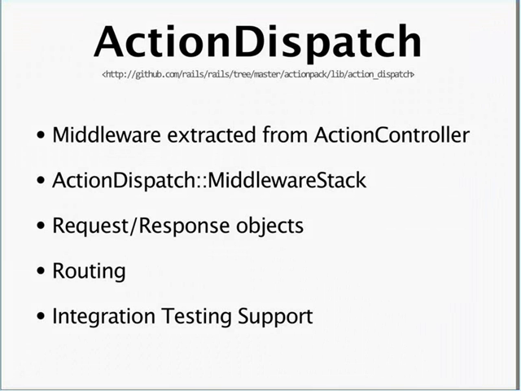What are the small little pieces we can pull out and turn into middleware? And then we'll just assemble them, and that will be the new ActionController, at least the Rack HTTP dispatching part of ActionController. A big part of Action Dispatch is just a set of middleware that's assembled in front of your application.